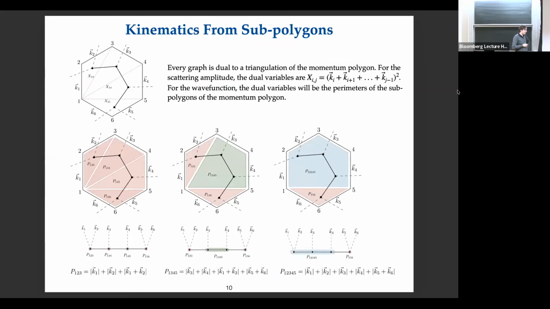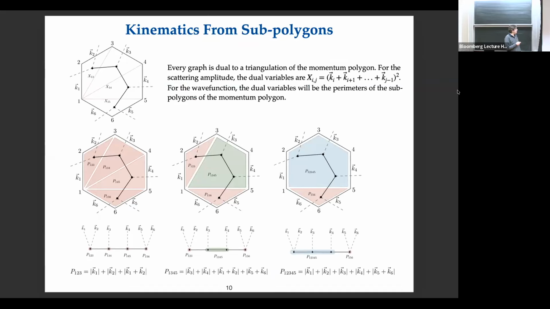But what I want to tell you about in this talk is a geometric description for the full wave function. So we have to come up with a language that puts every diagram on the same footing. We can take a parallel with amplitudes, where there's this very basic statement that, if you have momentum conservation, you can just write down this momentum polygon.